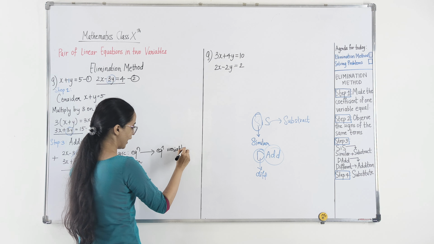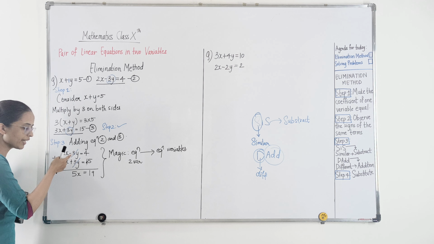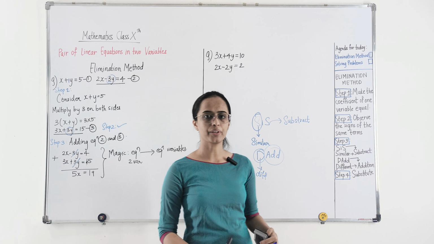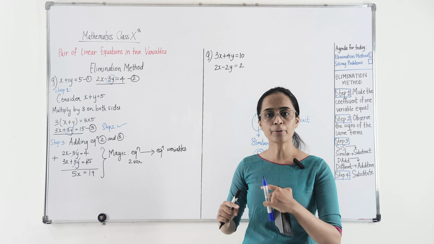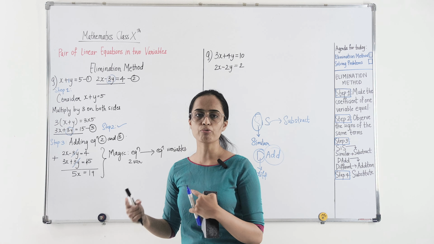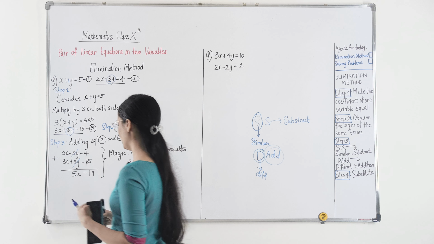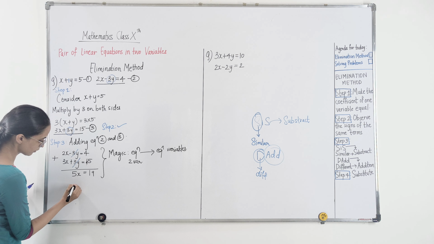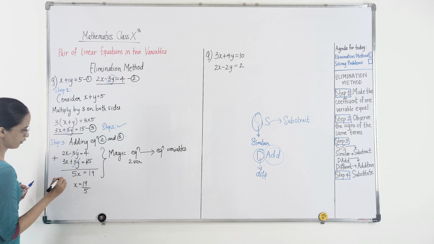And how do you do it? You do it by eliminating one term from each equation, and that is why this method is called the elimination method, because here you are converting the system into an equation of one variable. So here 5x would be equal to 19, that is why your x would be equal to 19 upon 5.